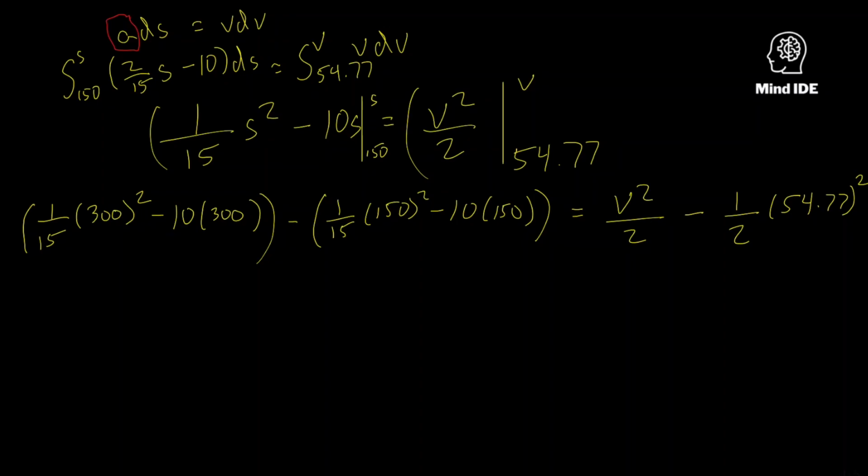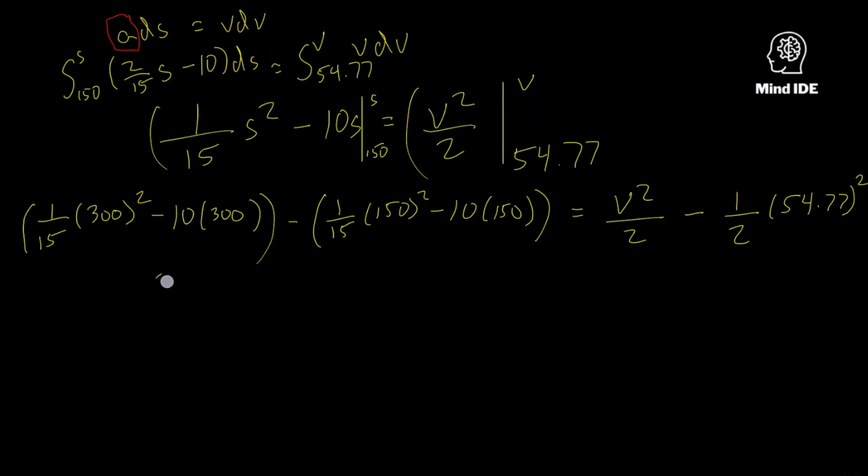Yeah. So if we just punch that into the calculator, just bear with me here. 1 over 15 times 300 squared minus 10 times 300, minus 1 over 15 times 150 squared minus 10 times 150.